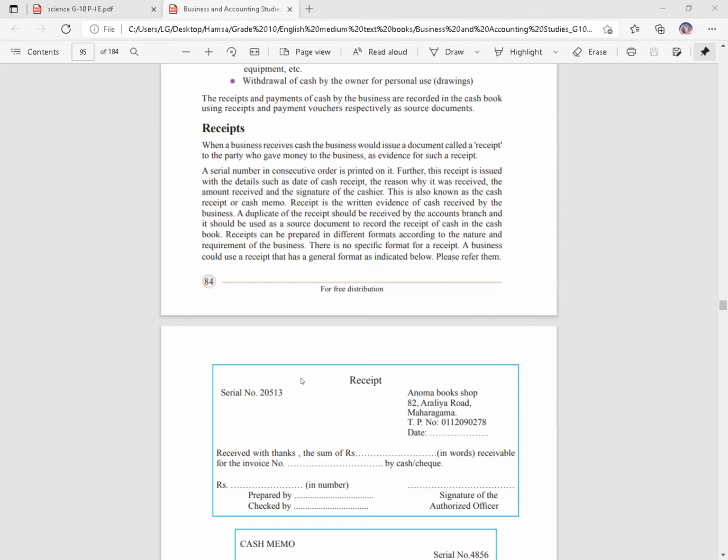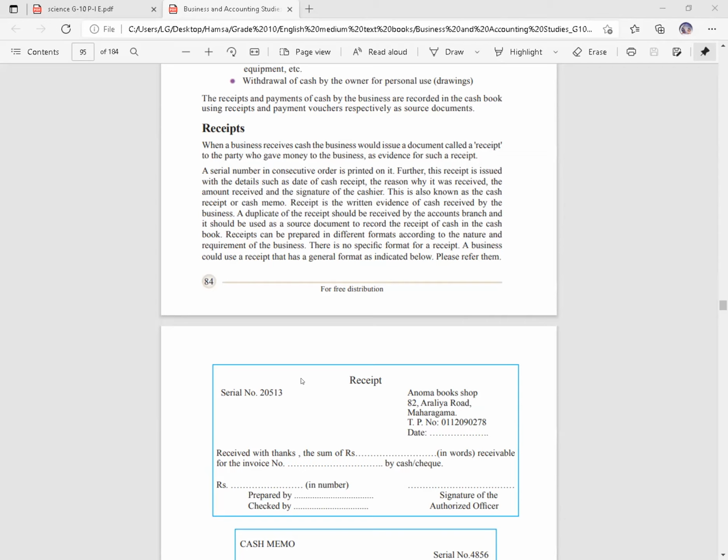So here, receipts. You prepare a receipt when you get money, when cash is flowing into the business. If you prepare a receipt, that will help you in future to record this transaction in the cash book.